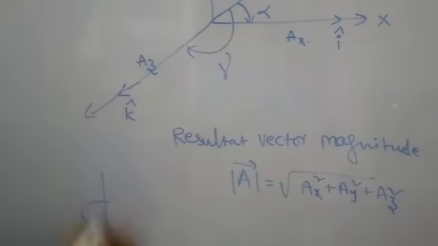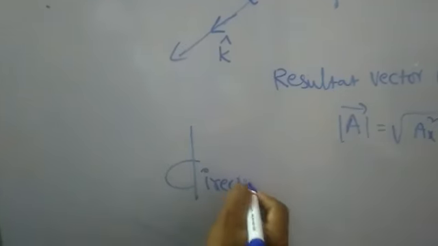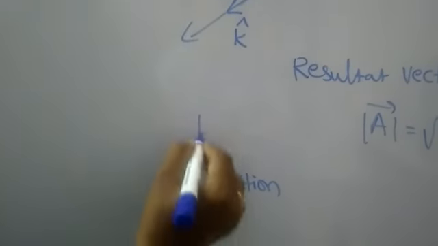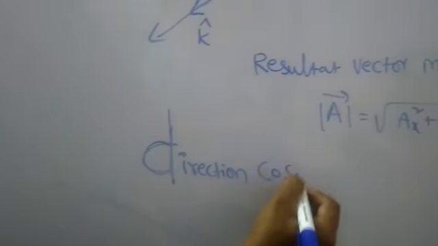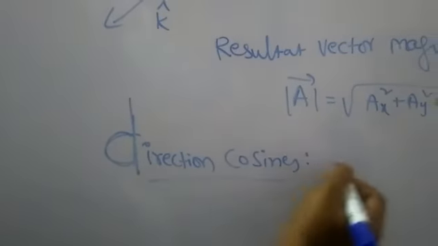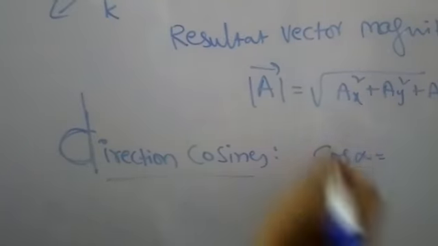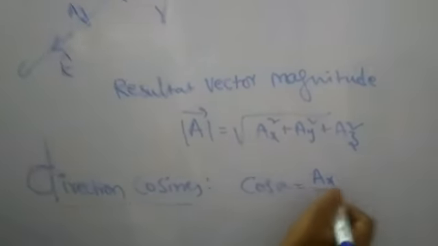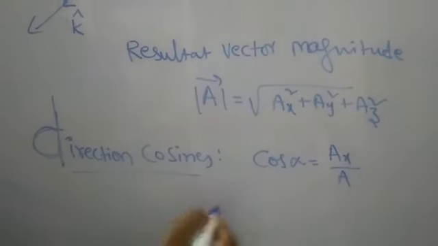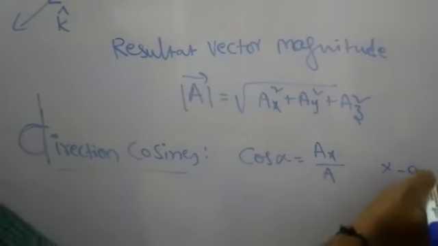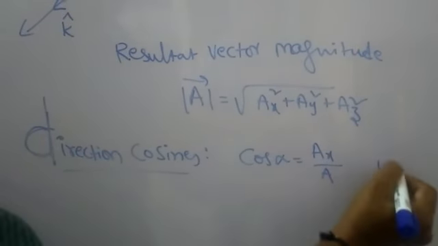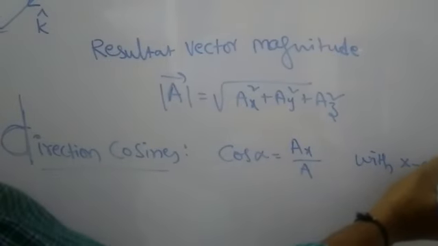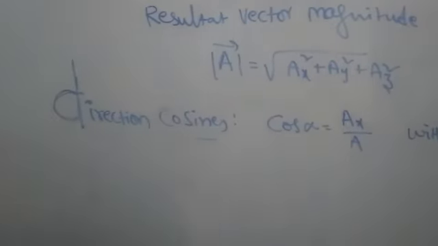Direction cosines: cos alpha is equal to adjacent side by hypotenuse, modulus of A. So the adjacent side is ax divided by A, with the x axis, the angle made by the vector with the x axis.